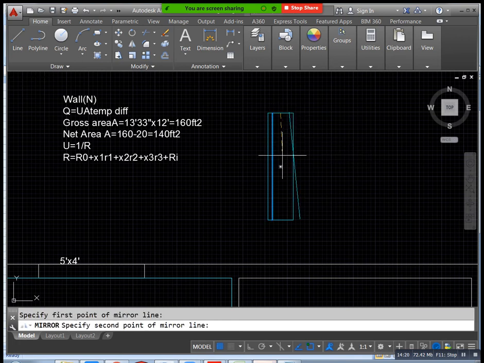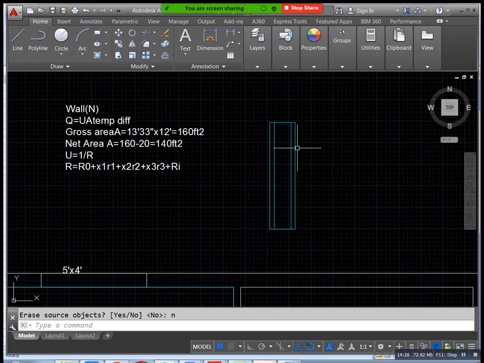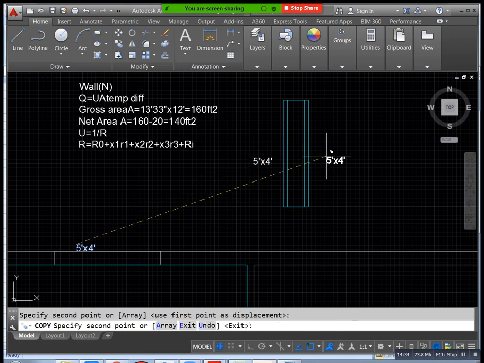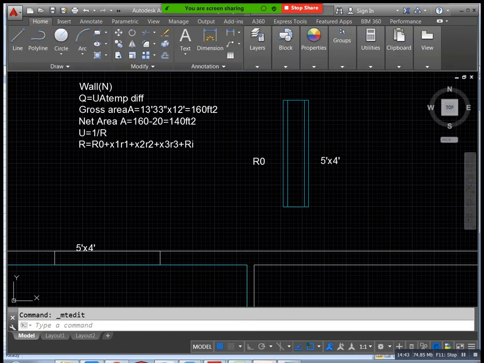Now this one you will consider RO. This is RI. Now you can see RO plus RI. This one you will consider as cement plaster, this one also cement plaster, 1 inch cement plaster, 1 inch cement plaster, middle brick.